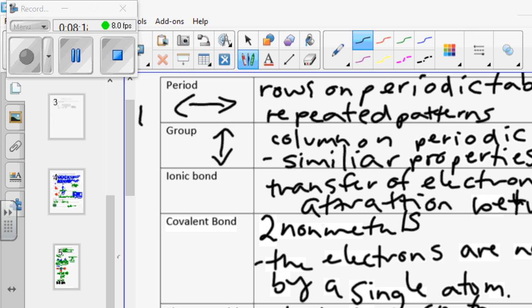As we go across the period, from left to right, we increase electronegativity. And the group, or the column, as we go down the column, we decrease electronegativity.